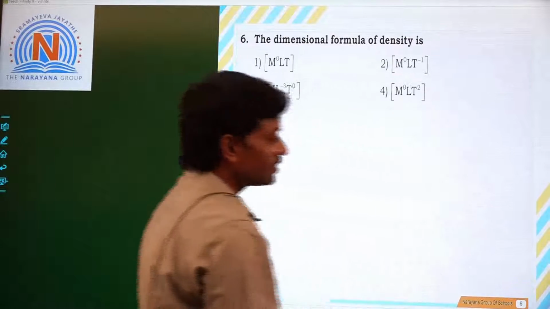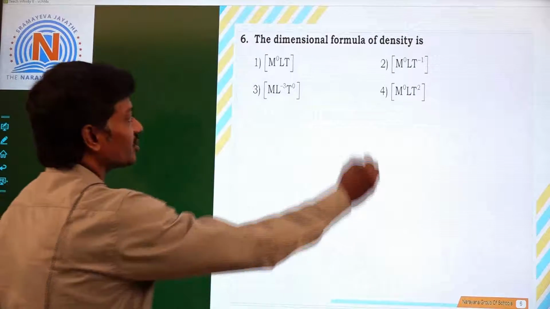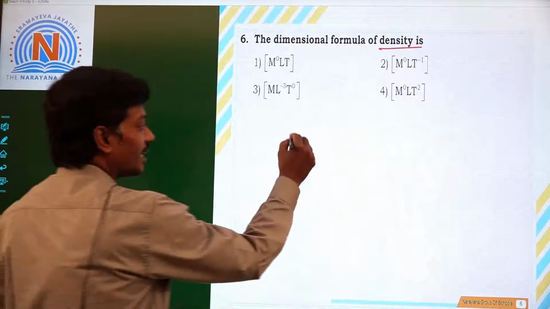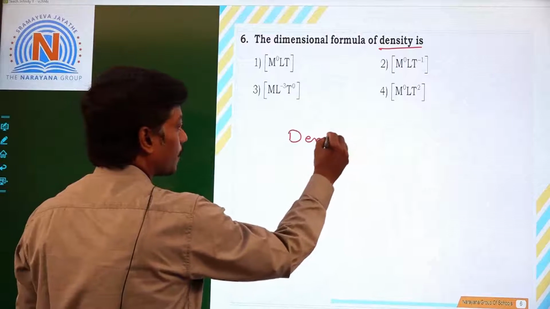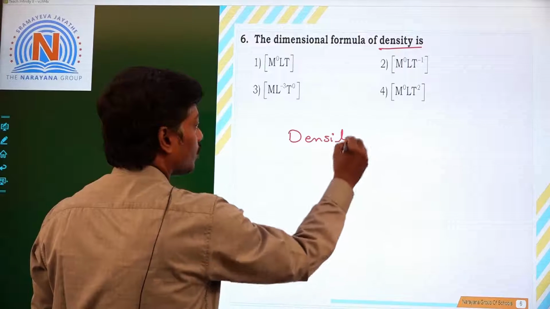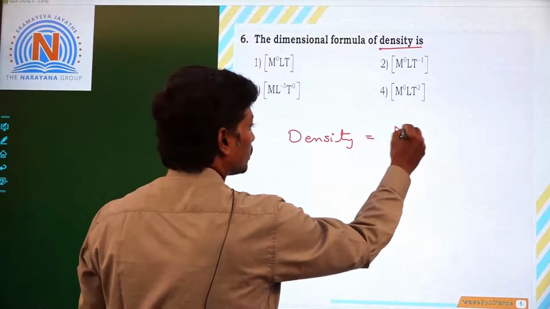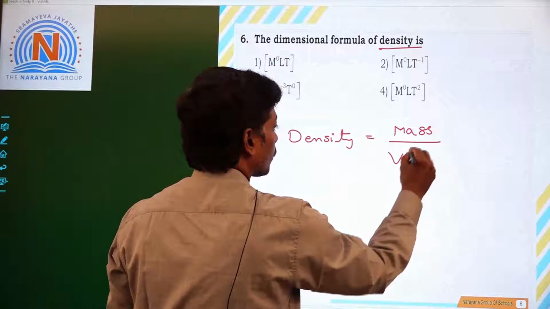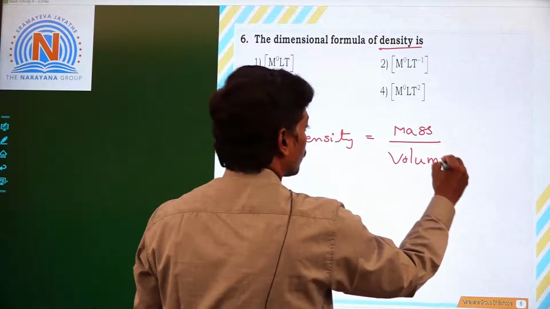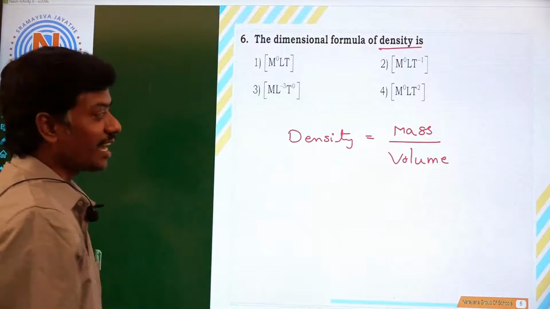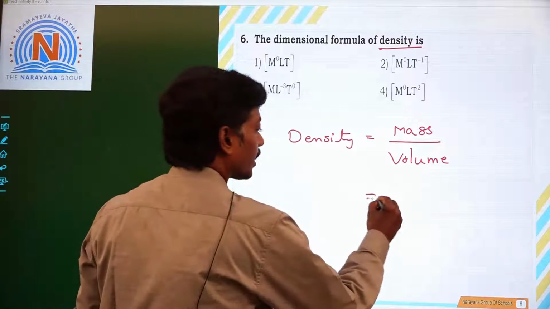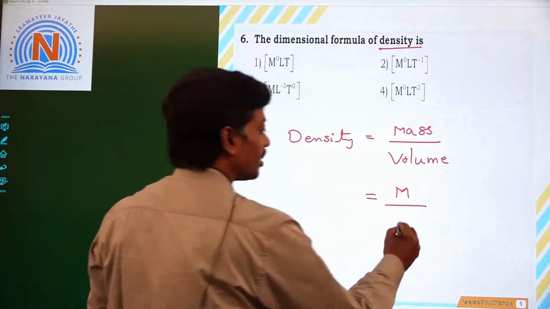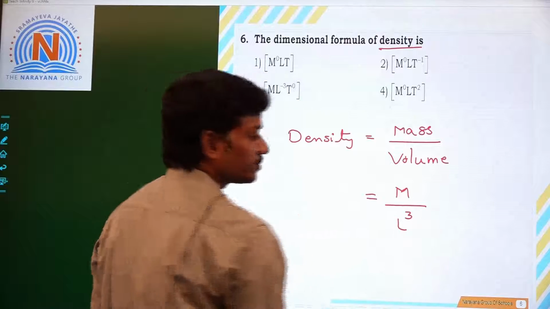Now let us see the sixth question, the dimensional formula of density. The general formula of density is mass by volume. Mass has the dimensional symbol capital M, and volume has the dimensional formula L power 3.